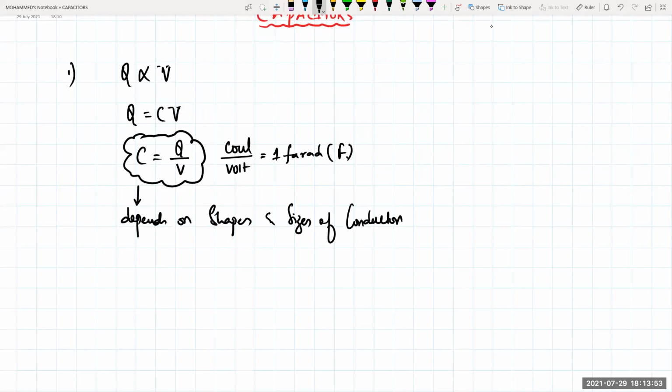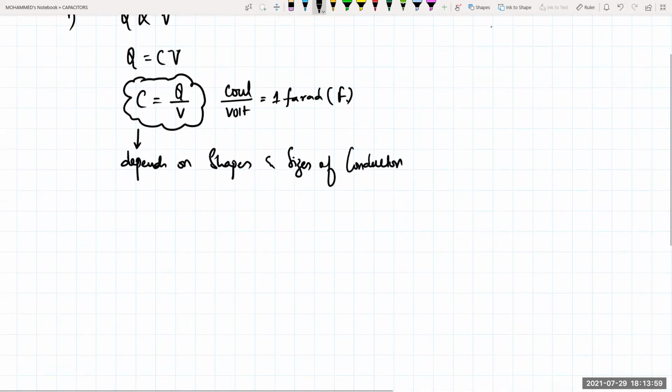I mean to say that it depends upon the geometrical factors, how it is being made. This is the basic symbol of a capacitor. This is the positive terminal, this is the negative terminal. So charge is stored here, and here it is negative charge.